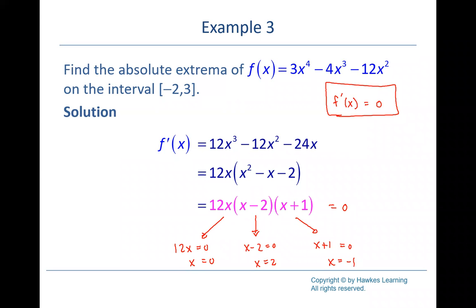Now, at this point, it's good to go back and take a look at the original interval that we were considering. If any of the critical points that you found are outside of this interval, toss them out, ignore them, cross them out. We don't care about them. We're only looking at what is happening on the given interval.